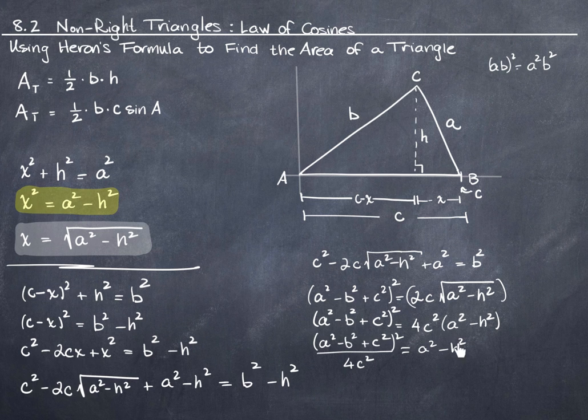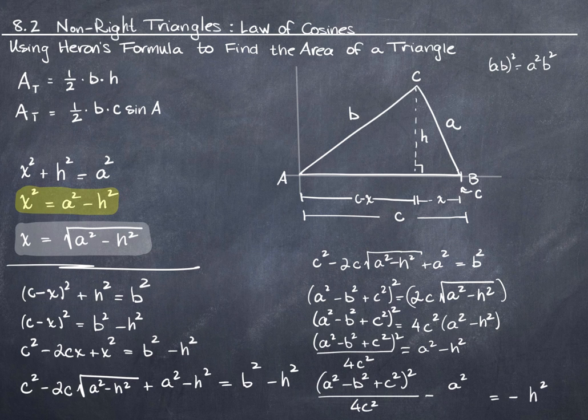Now, what I'm trying to do here is isolate the h. So the next thing I'm going to do is subtract a squared from both sides. That's going to give me (a squared minus b squared plus c squared) all squared, over 4c squared, minus a squared, and I'm going to write that up here for a reason, and that's now equal to negative h squared.